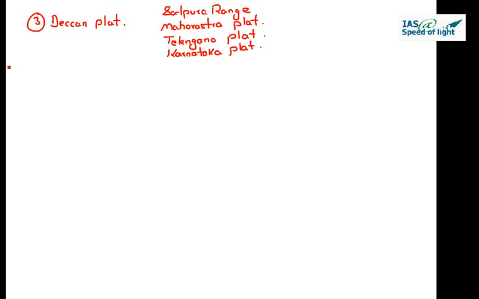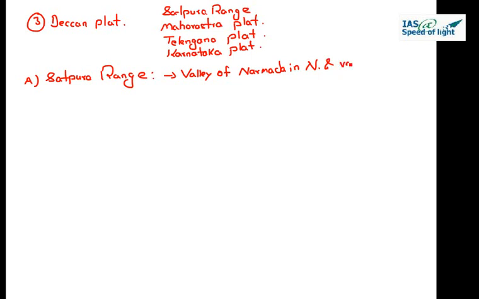So let's again first start with the Satpura range. If we see the location roughly, it is between the valley of Narmada. We have seen the rift valley between the Vindhyan and the Satpura range. The valley of Narmada is in the north, and the valley of river Tapi in the south.